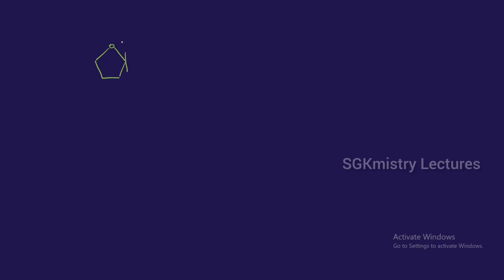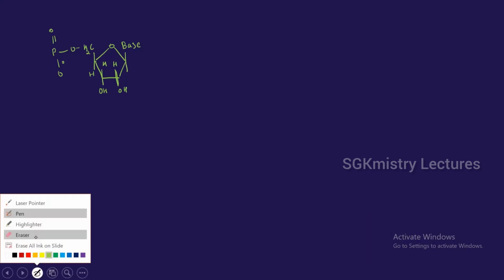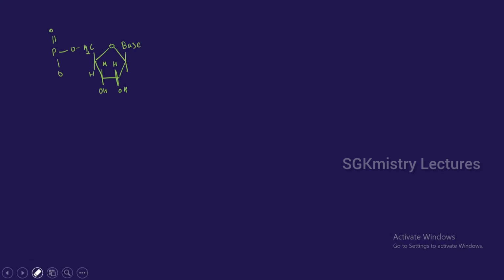So we have base here. So we have the structures. So this you already know. So here H, OH, OH and H, here H. So instead of here O, we have the phosphate group, O minus, here also O minus.